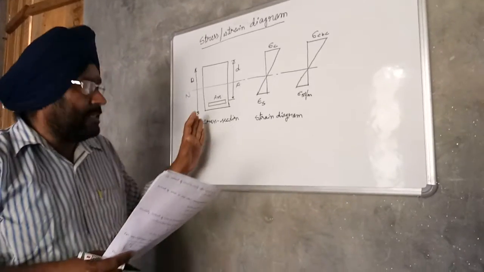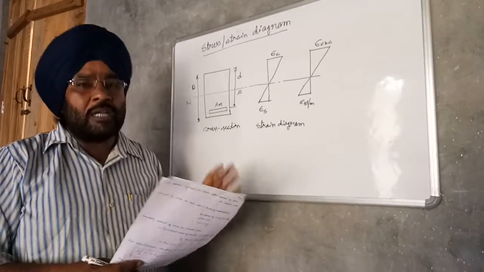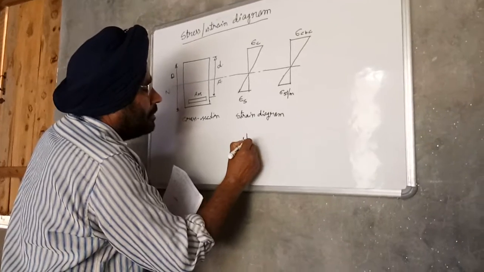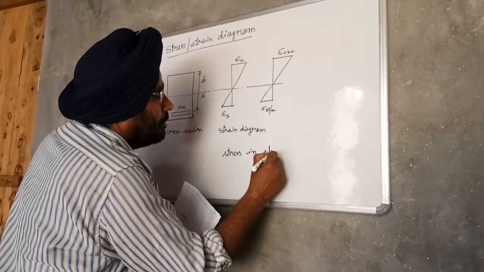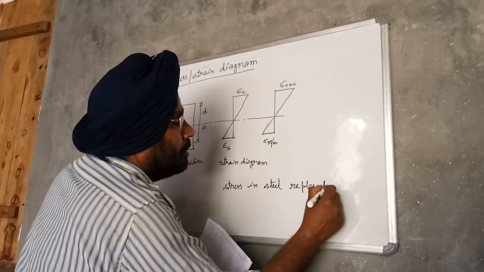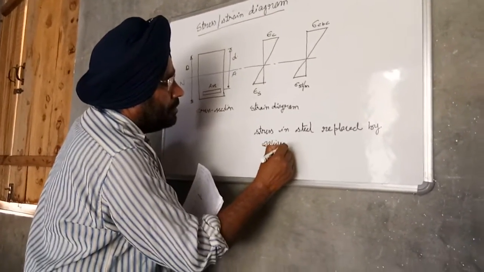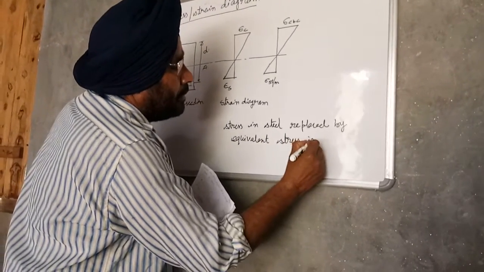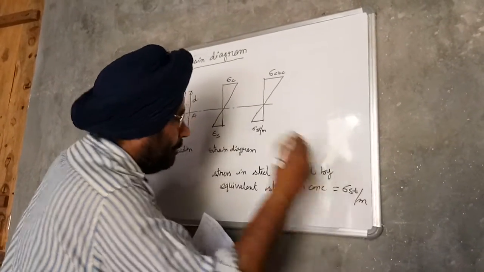It means the stress in steel is replaced by an equivalent stress in concrete at the level where steel is provided, that is sigma st upon m.